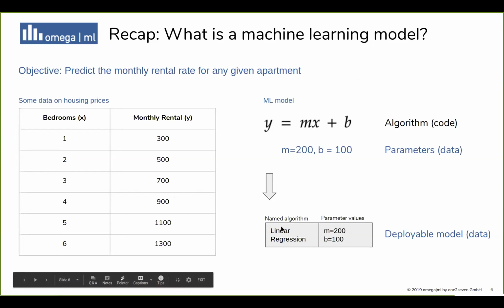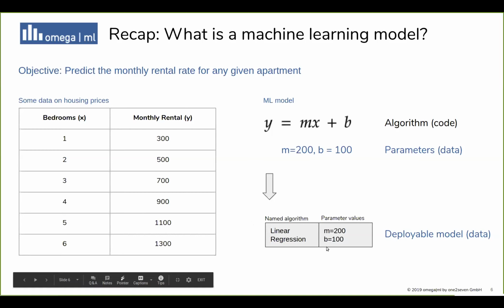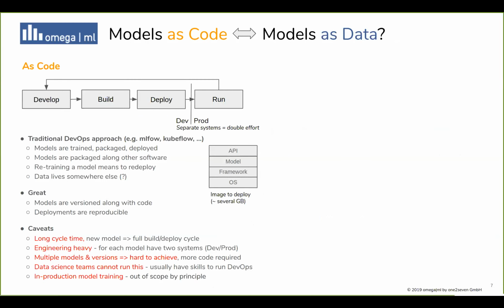In fact, I can put this into an email and send it to someone, and they will be able to run the model just using those parameters. They don't need to get the training data. They only need this data. And so when we want to deploy a model, it actually means deploying a software component that contains the name of the algorithm plus the parameters.